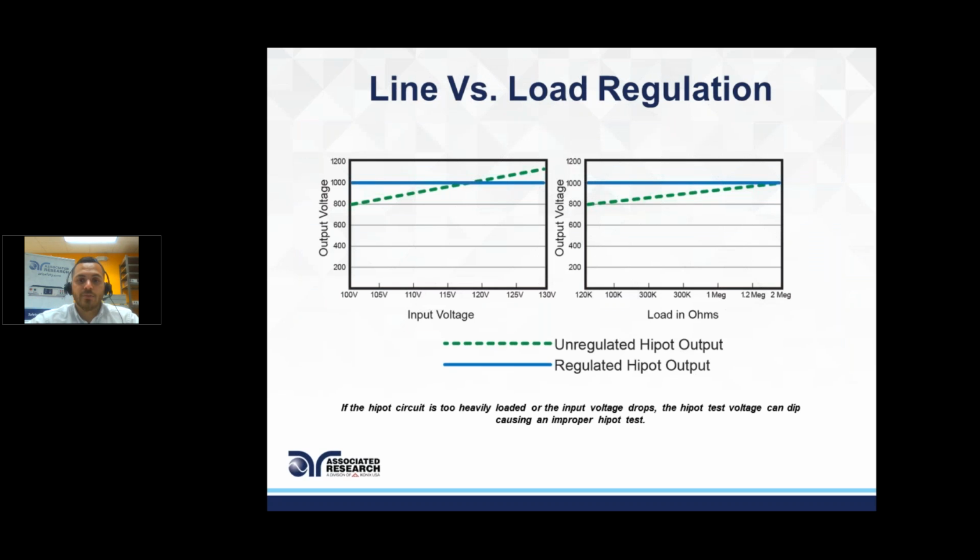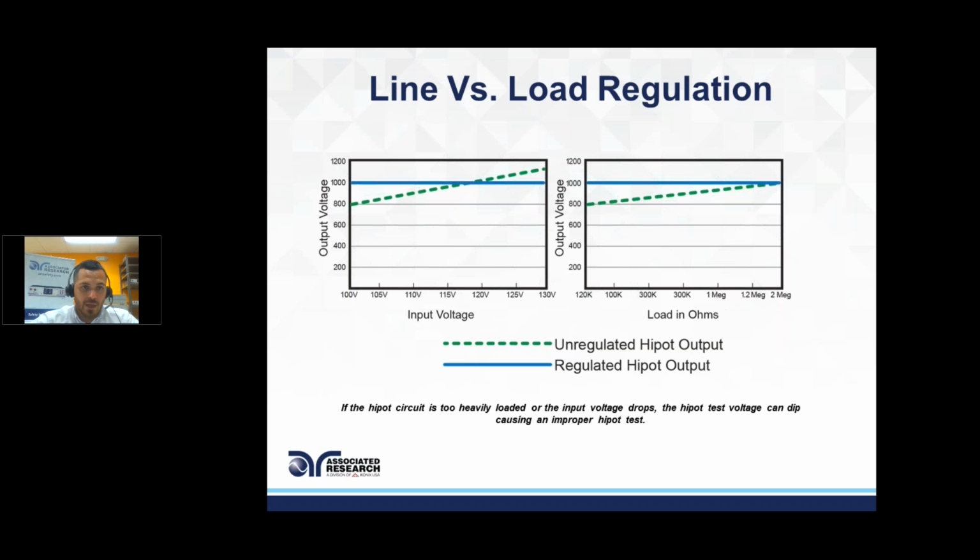Now here's the whole purpose behind that, right? We have unregulated Hipot outputs and regulated Hipot outputs. The issue with unregulated Hipot outputs is that the output is so dependent on your input voltage, right?